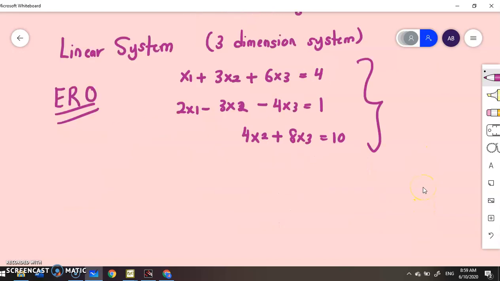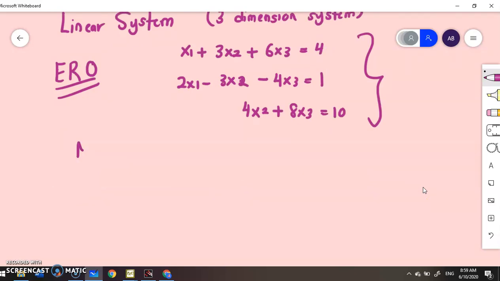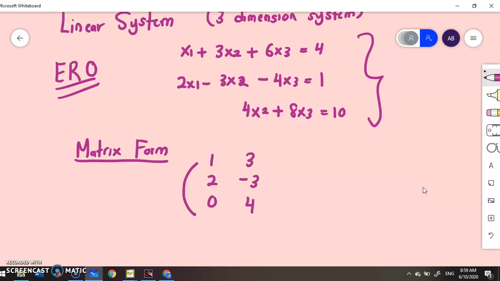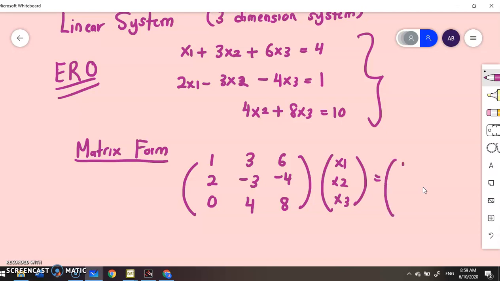So I can write this in a matrix form, and then you have x1, x2, x3 equals 4, 1, 10.